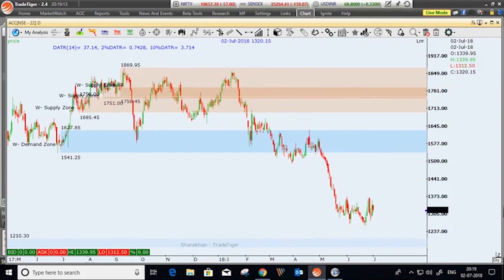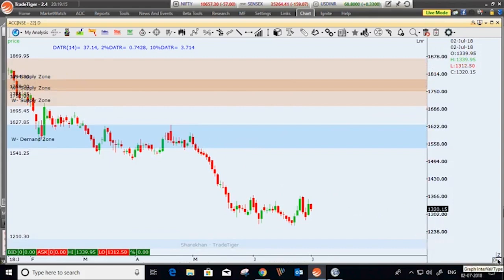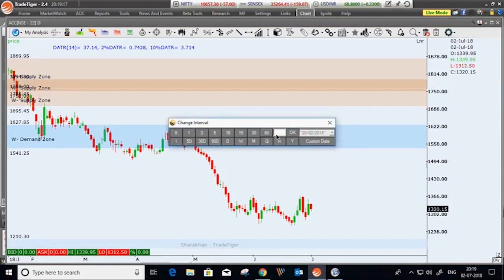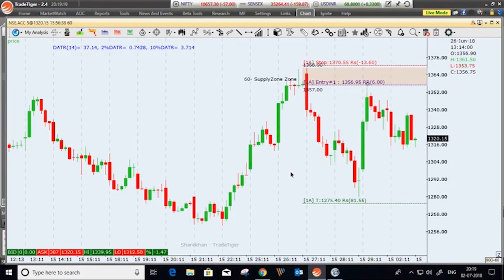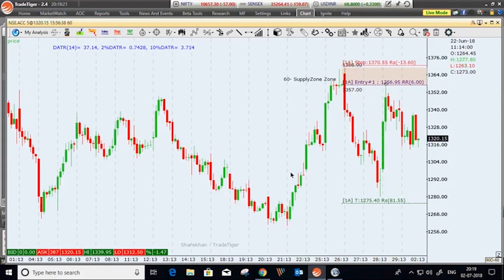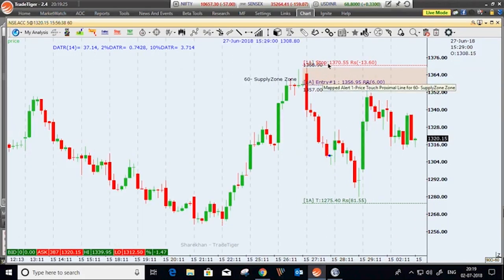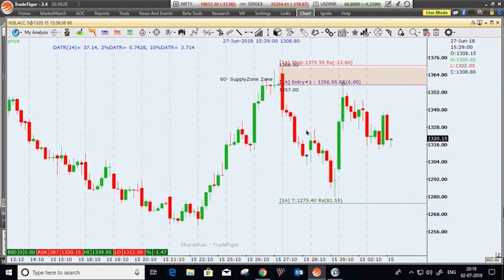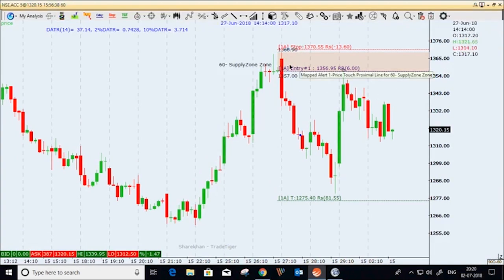So I have another example. Here is a trade which I actually had, as you can see in SEC.